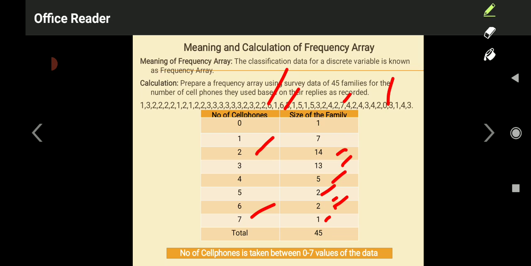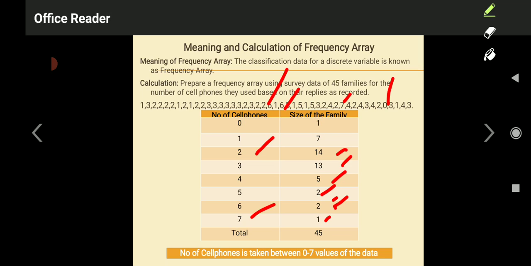So in this way, you have to make the calculation of the frequency array. And one more important thing: whatever data is given in the question paper should tally with your size of the family and number of cell phones.